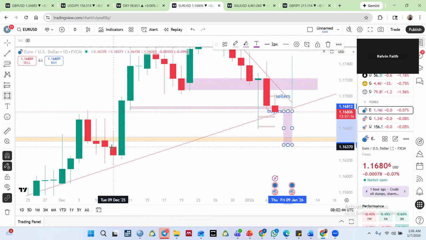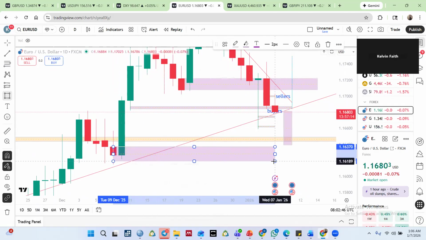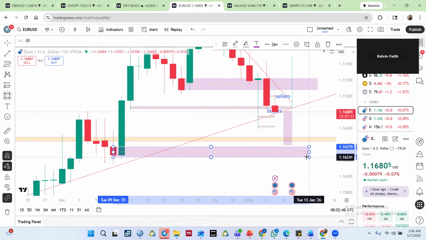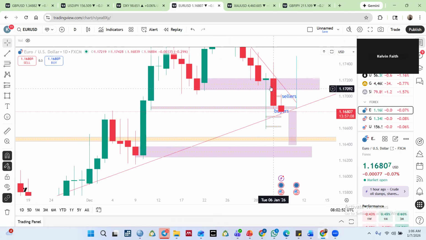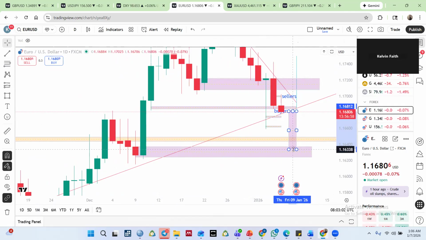I don't know, because there's this other block also here that might be an important area that price might want to consider. So this is an imbalance area, price hit, reject, drop, drop. Okay, so there is this area.